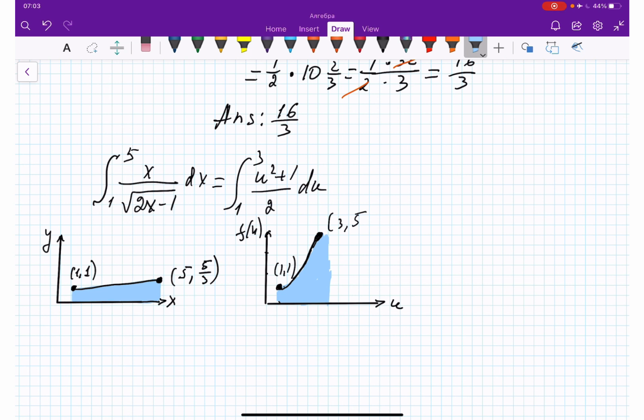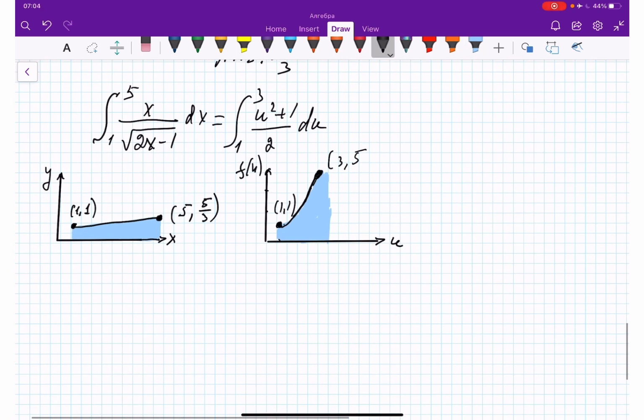Okay? All right. So something I wanted to note: when you are evaluating a definite integral by substitution, or replacing variables, it is possible for the upper limit of integration of the u variable to be, let me explain. Let's say we have the integral from 1 to 5 of f of x dx, and we substitute it.